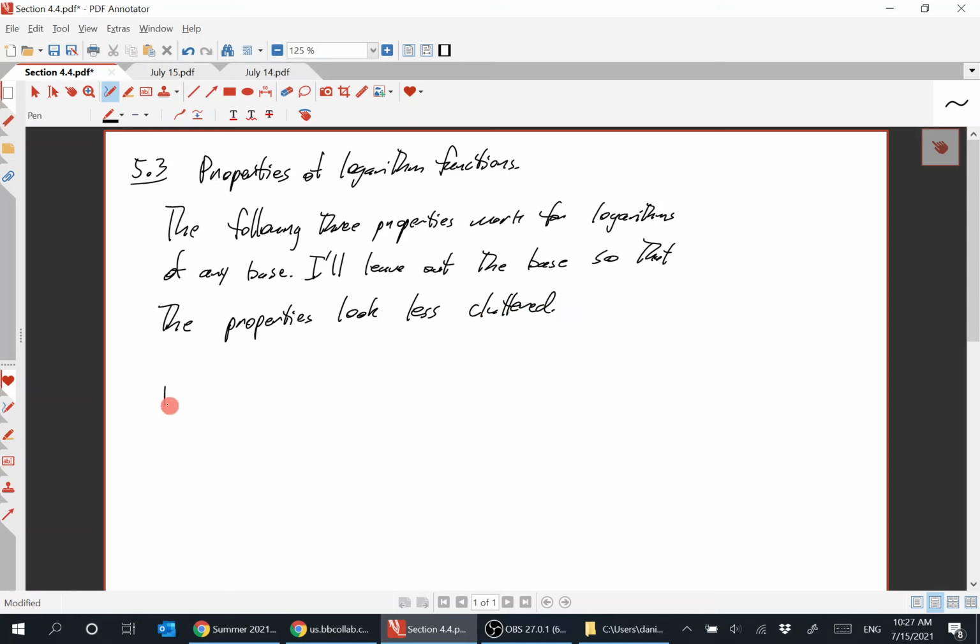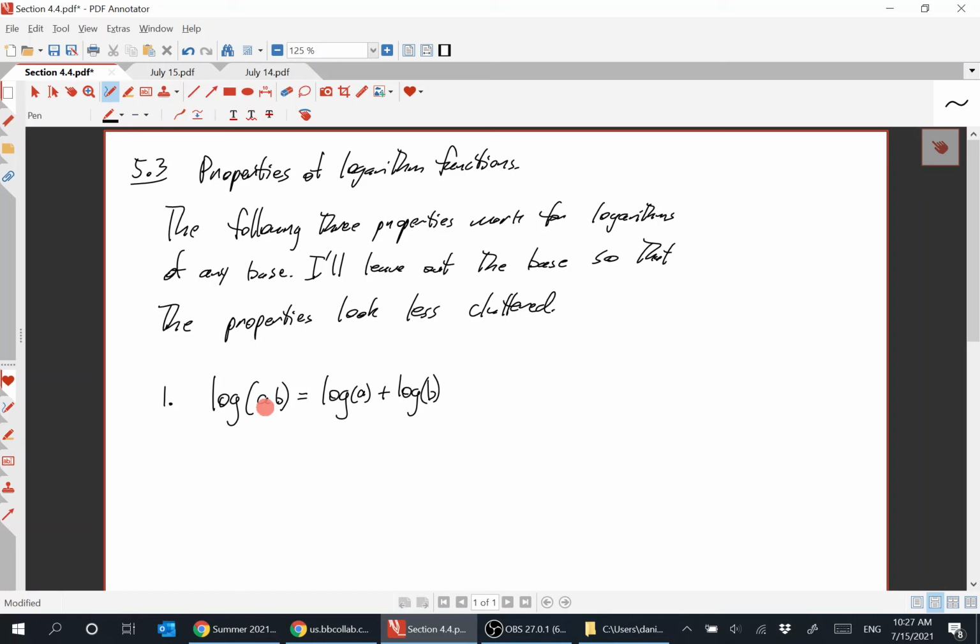So there's the following three properties for logarithm functions, and that's it. There aren't any more than these three that I'm about to write. So the log of a times b is equal to the log of a, for whatever base you might have, plus the log of b.